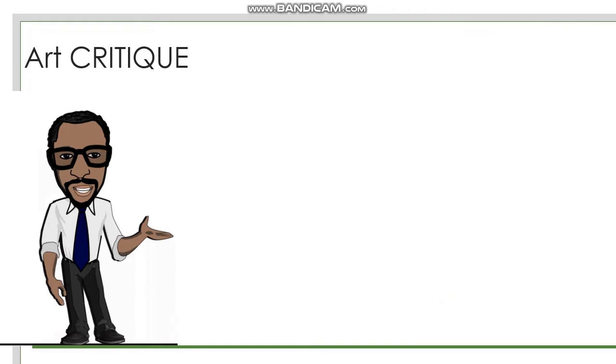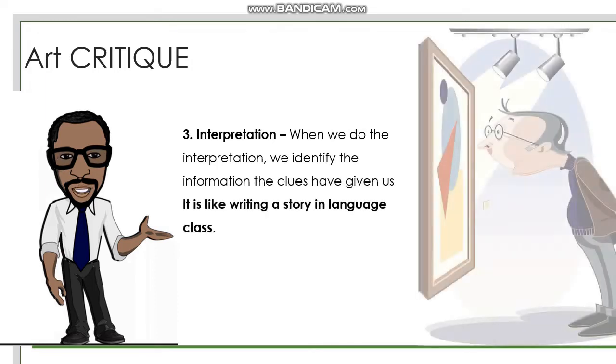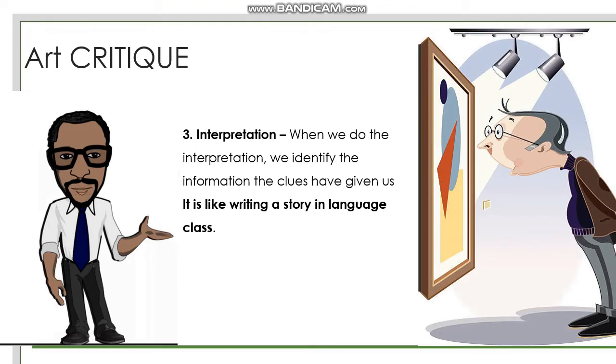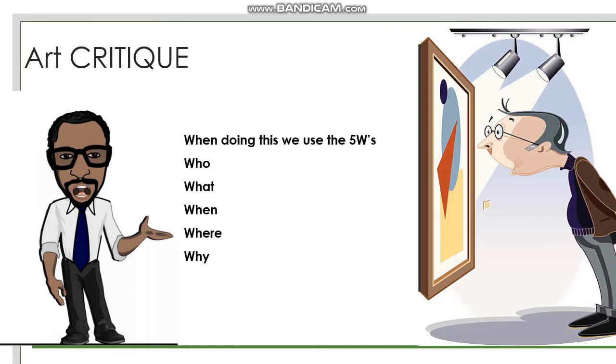Third, interpretation. When we do the interpretation, we identify the information the clues have given us. It is like writing a story in language class. When doing this, we use the 5 W's: who, what, when, where, and why.